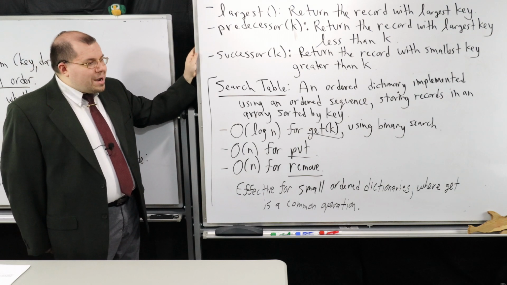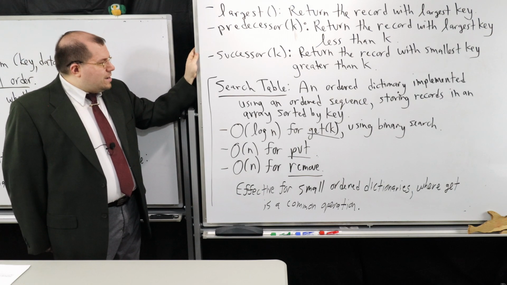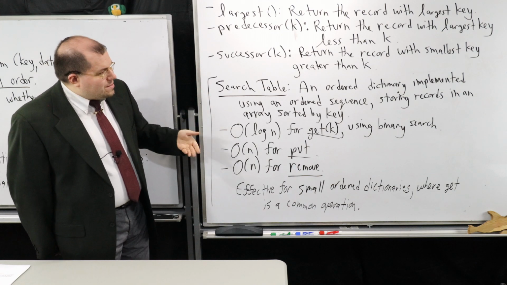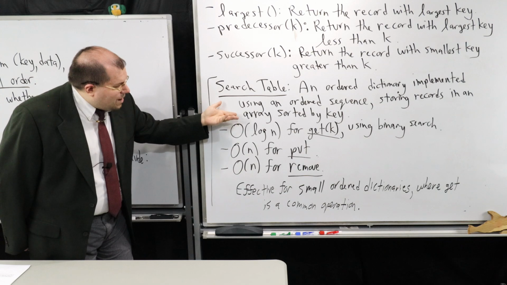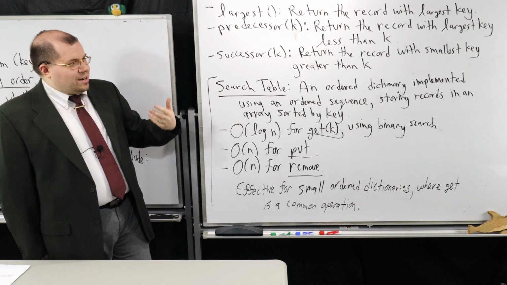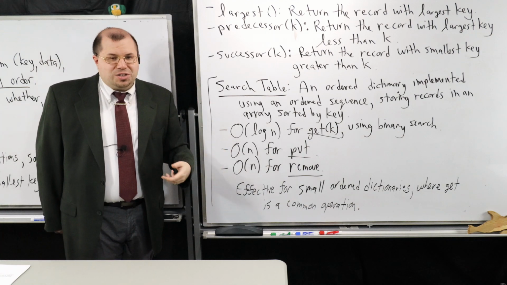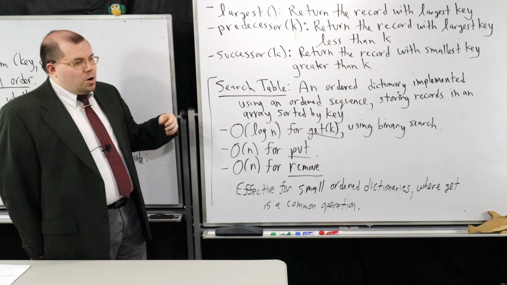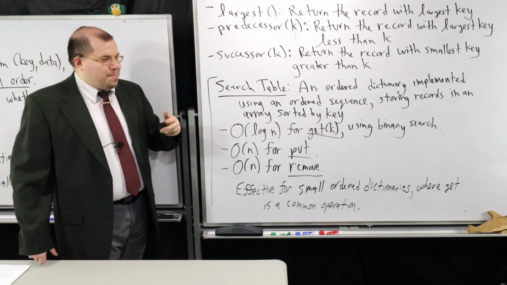So a simple way to implement an ordered dictionary is using something we call a search table. All this is just an ordered sequence, and you can think of it just as an array that is sorted by key. So just imagine a sorted array. And you could go through and perform all of the standard operations we talked about: get, put, and remove.